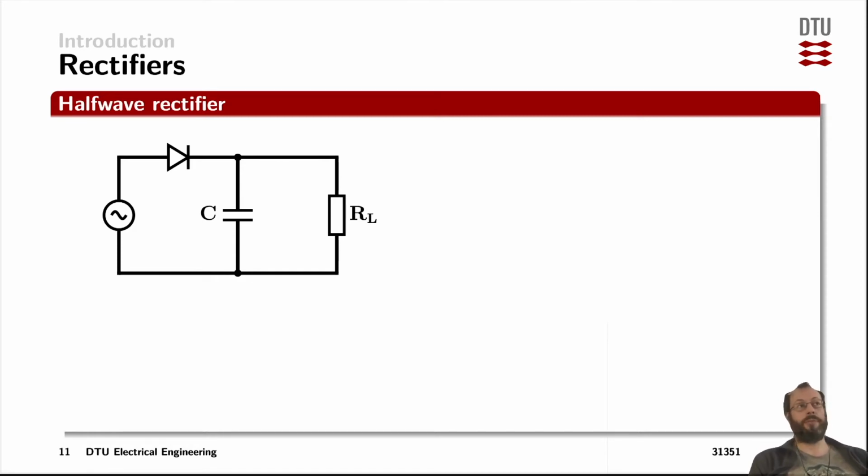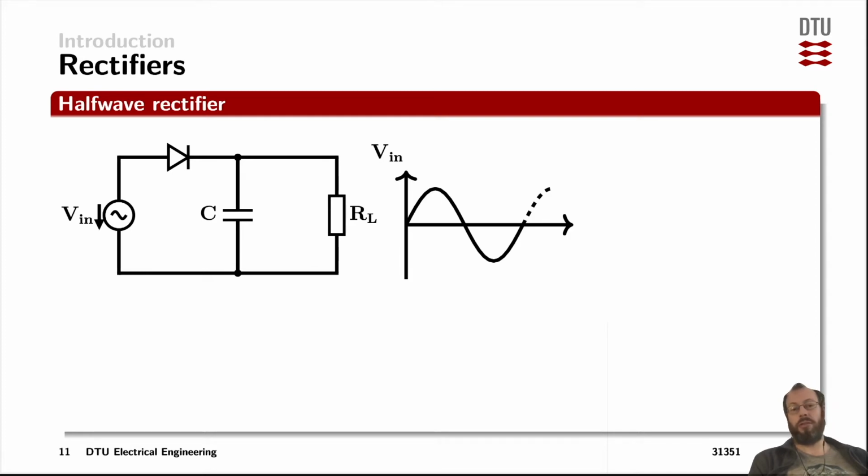That looks like that. The grid voltage is a sinusoidal voltage, a good approximation for what it really is; both in the US and in Europe and in all places of the world, it's supposed to be a sinusoidal waveform.